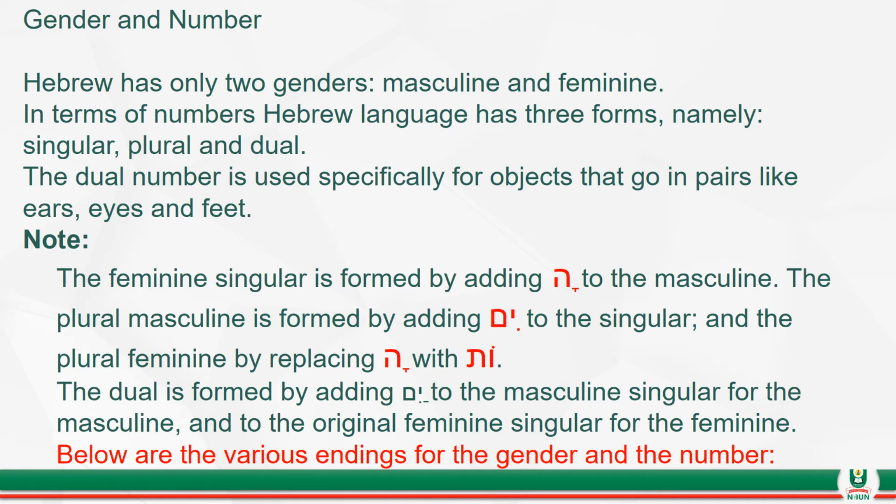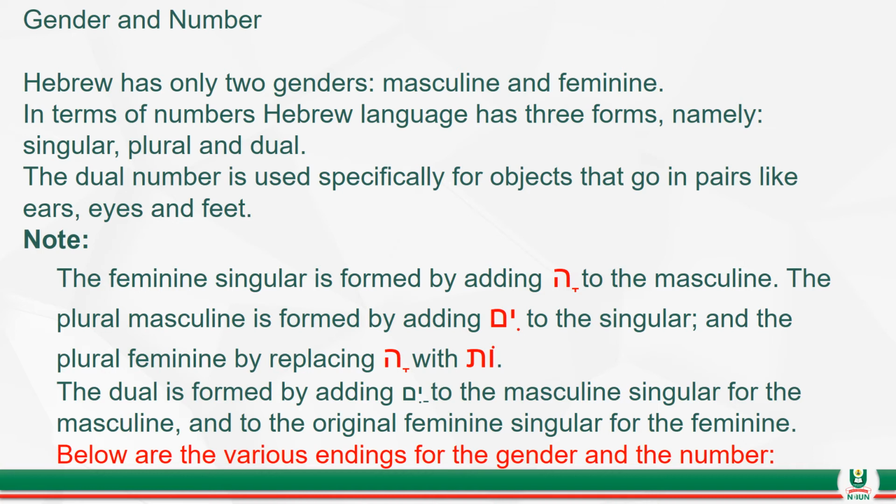That is the formation of the masculine, singular, plural, or feminine, plural. Let's come to the feminine singular. Every Hebrew noun or every Hebrew word, apart from those that are uniquely feminine, like feminine names, is presented as masculine.